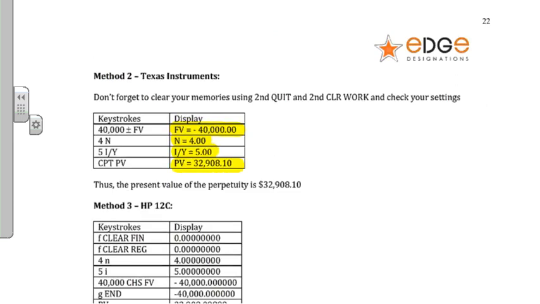What does all of that mean? Let's draw another line again. Let me show you. Okay, let's get some clarity. If I put aside $32,908 today, that'll be enough money in time period 1, 2, 3, 4.